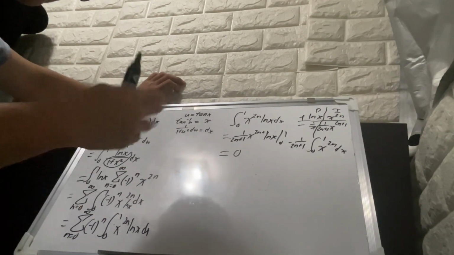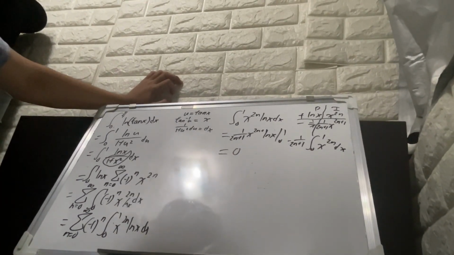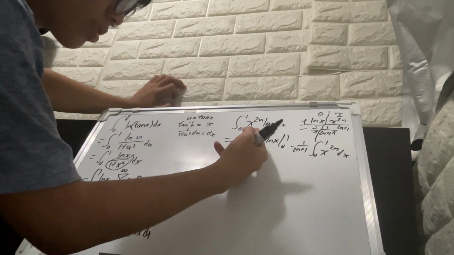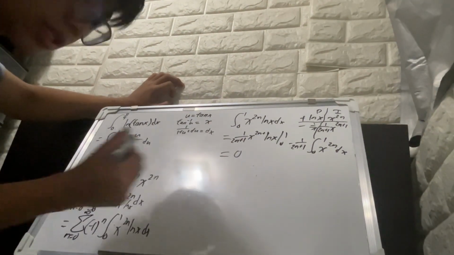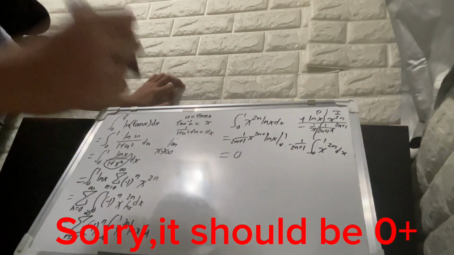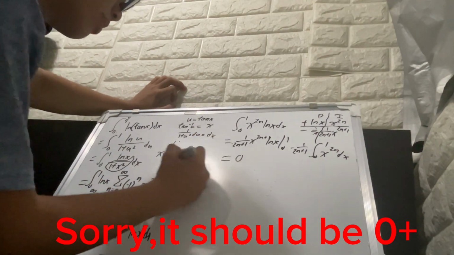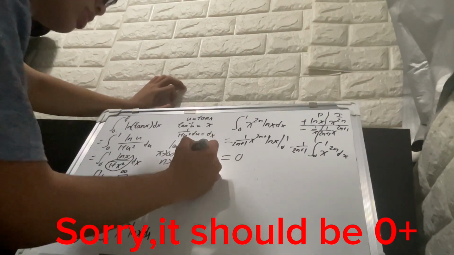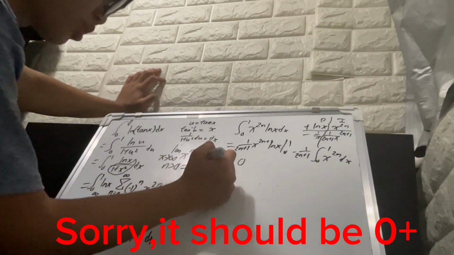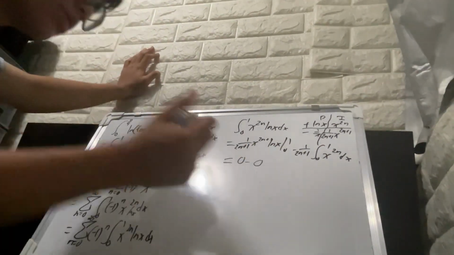But I'm not going to do the limit here right now, because whenever you do the limit as x approaches infinity of x power of n lnx, make sure n is greater than 0, and then this is just equal to 0. You can just put it down. So just subtract 0, like that.